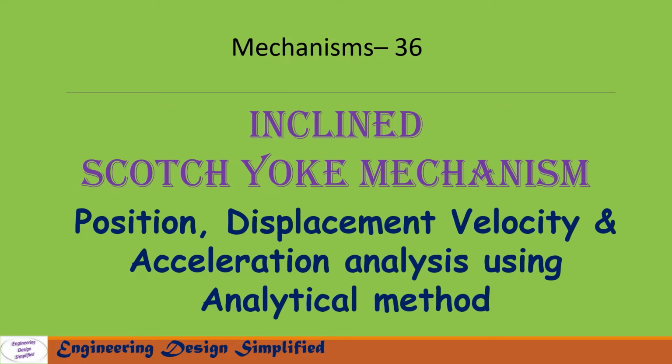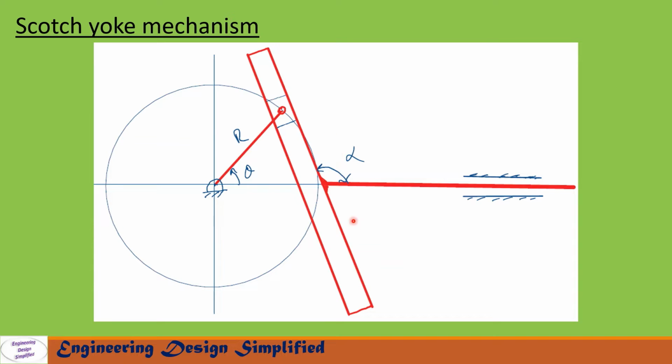In this video, I am going to discuss inclined Scotch yoke mechanism, position, displacement, velocity and acceleration analysis using analytical method. In this picture shown is an inclined Scotch yoke mechanism. So this link is crank and length is R. This blue color box is a slider and this red color rectangle is a slider guide.